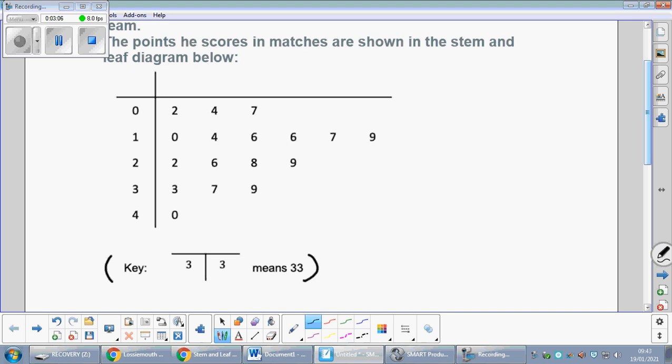So the range, from your last week, is equal to the highest minus the lowest. Now the highest is here, 40. The lowest is here, 2. So the range is 38. Okay.